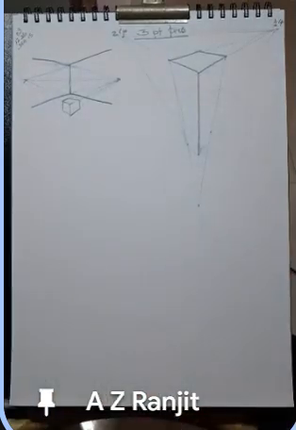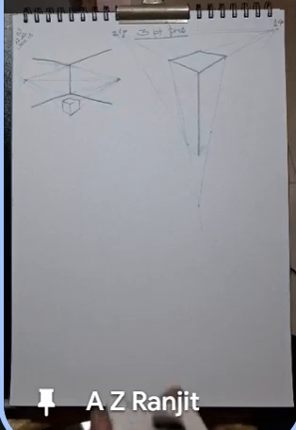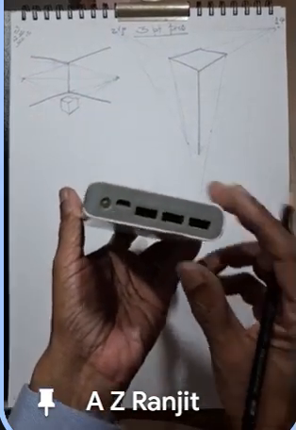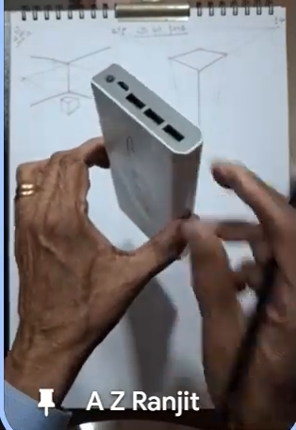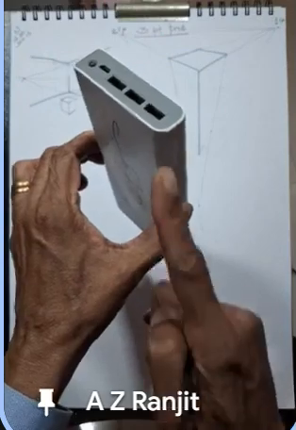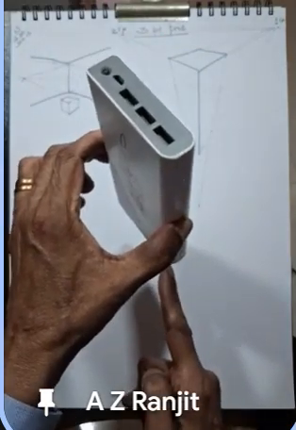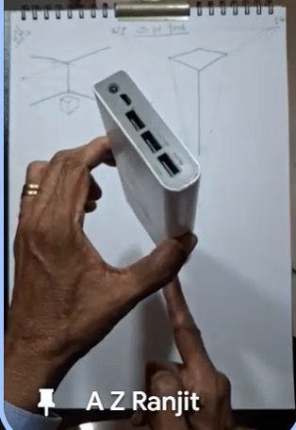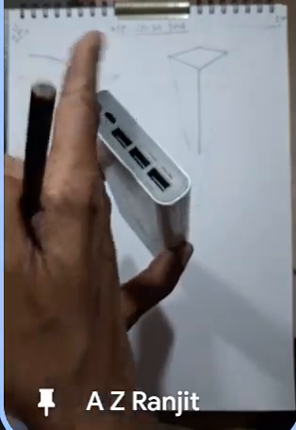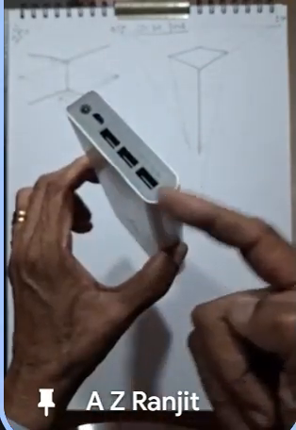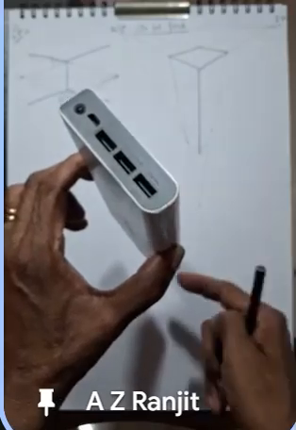If we take a big one, if we take it like this, this is vertical, 90 degrees to the paper. This is going at an angle, that is going at an angle, this is also going at an angle.